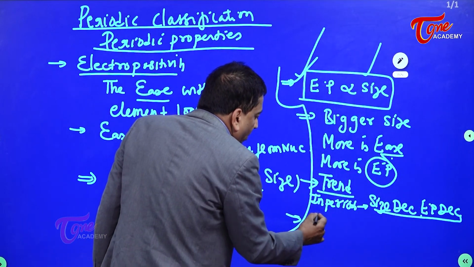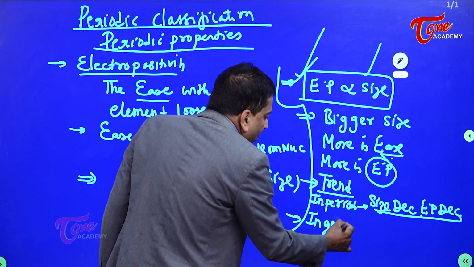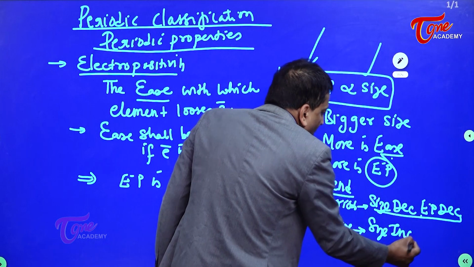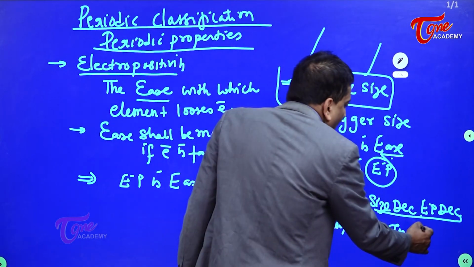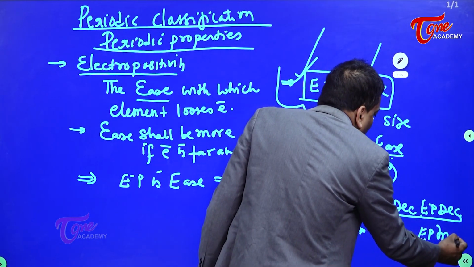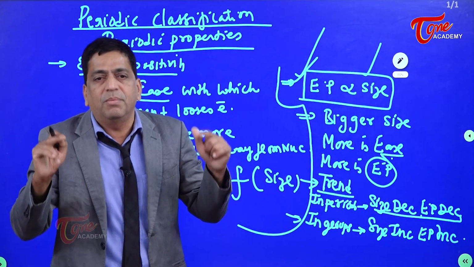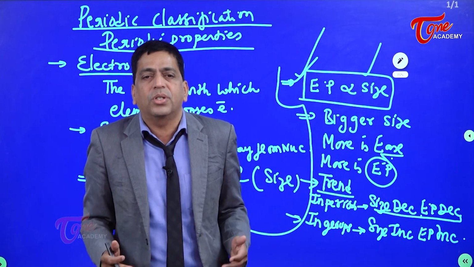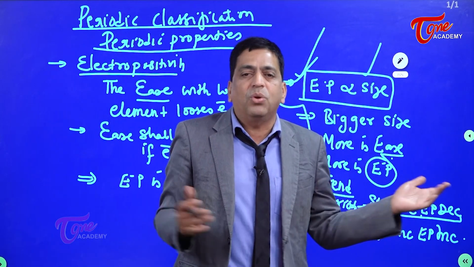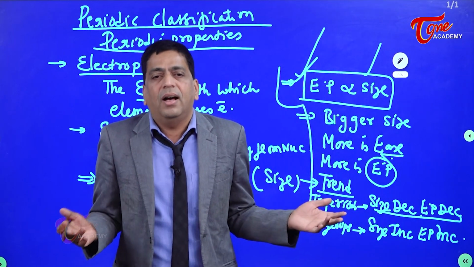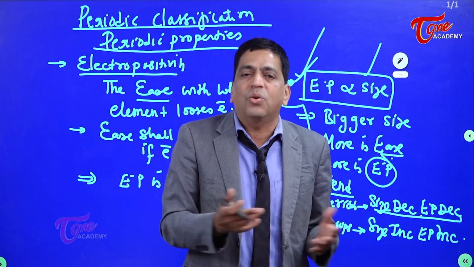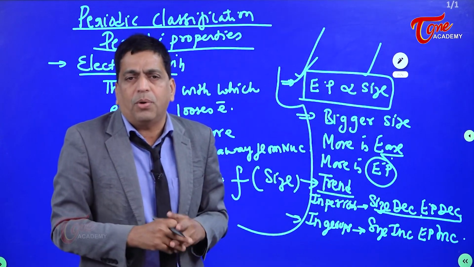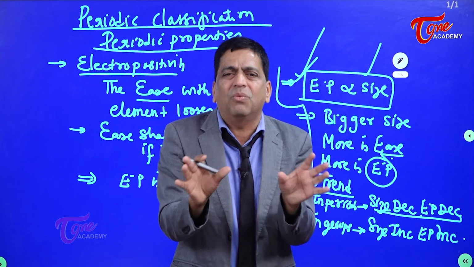Similarly, in groups, the size increases, so electropositivity also increases in a group from top to bottom. So from top to bottom, the size increases and the electropositivity increases. In a period from left to right, the size decreases, so even electropositivity decreases. This is one of the periodic table properties and the trend, which is the basic information I'm giving.